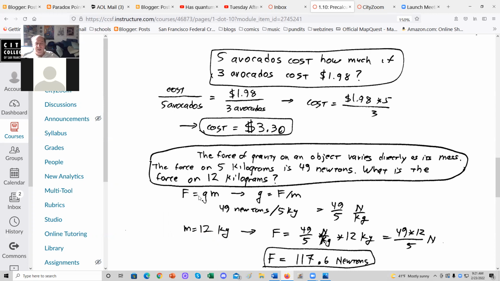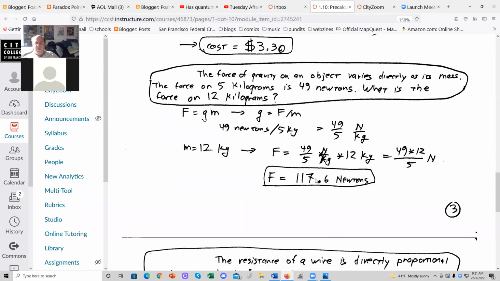So solving for the constant G, it's F over M. All right, 49 newtons divided by 5 kilograms makes 49/5 newtons per kilogram. Now, so F equals 49/5 newtons per kilogram times mass. If mass is 12 kilograms, then plugging in the numbers, we get F is 49/5 newtons per kilogram times 12 kilograms, F is 117.6 newtons.